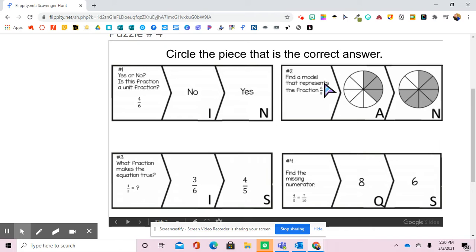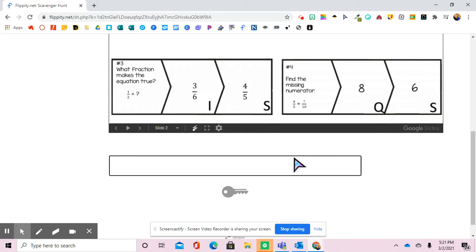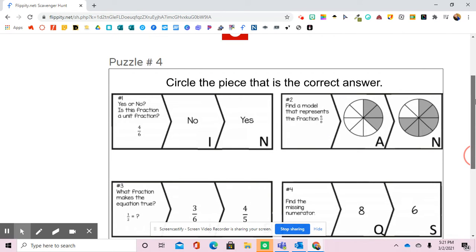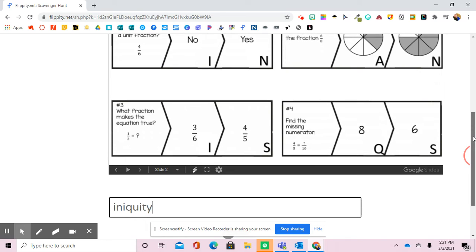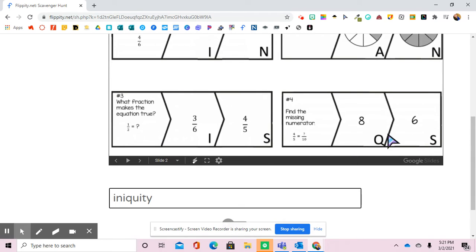No. So I, the one that represents 6/8, and I can't actually remember what this word is, but spelled pretty. I guess so. No. What fraction makes this equation I, Q?